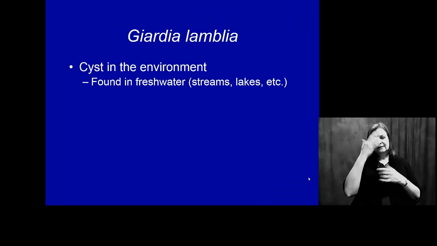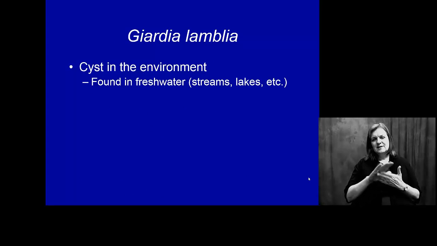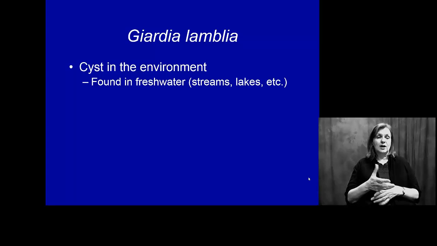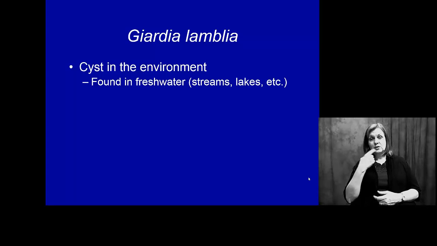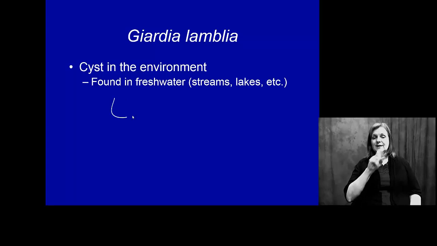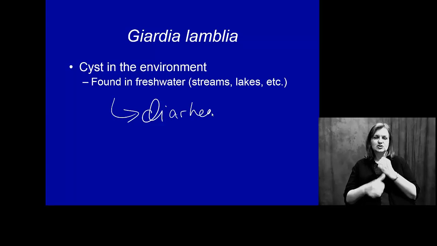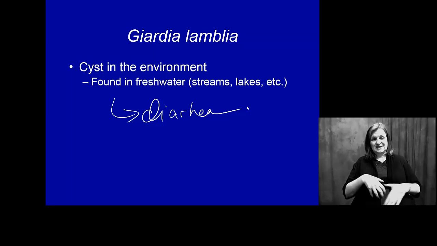Giardia is one of the more nasty protists that we look at, and we look at it as being this extremely debilitating kind of protist. And we mentioned it a minute ago with the idea that protists are not all nice. Giardia actually causes high rates of diarrhea, okay, and other intestinal disorders.